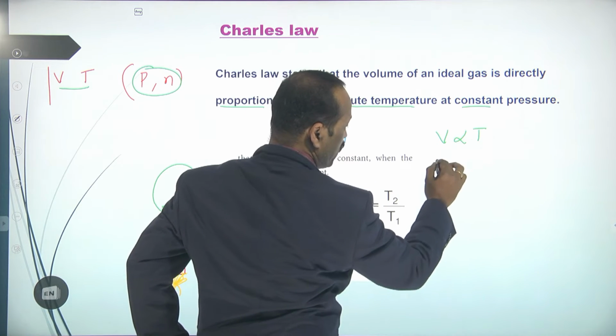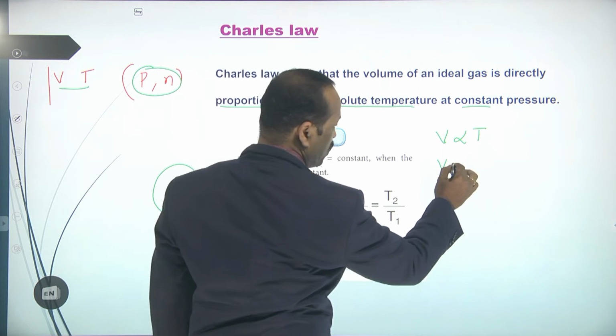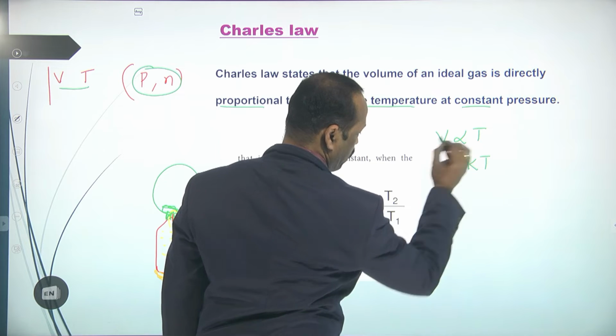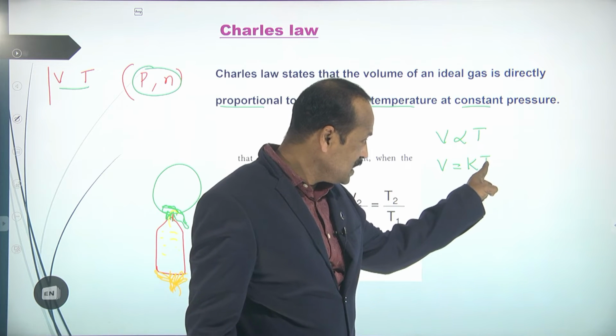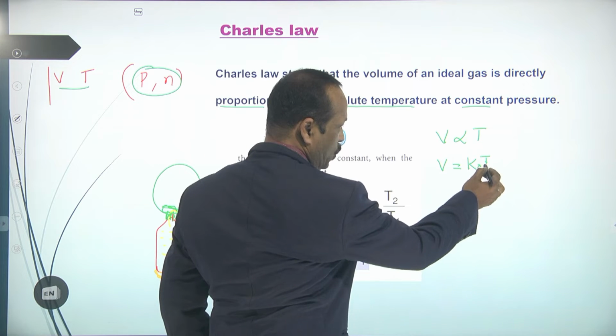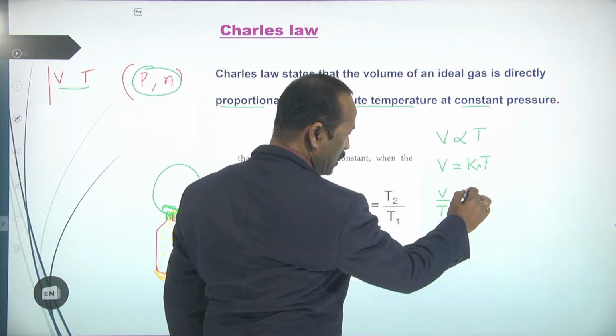Now, I just told you that when you remove this proportionality sign, we get one constant. So V is equal to K into T. Now this T you bring to this side, so V by T is equal to constant.